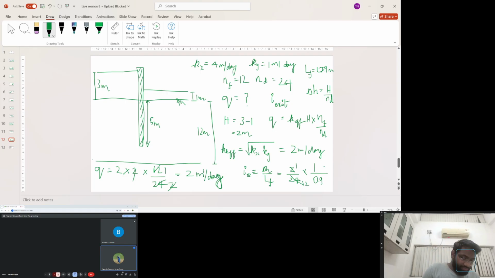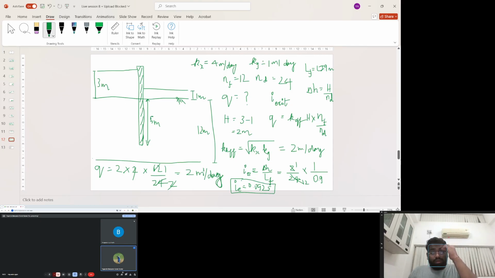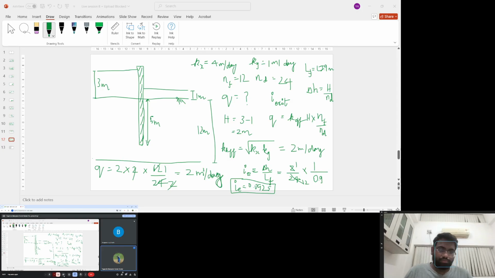So if you multiply it, I exit will be 0.0925. Right? Any doubts?